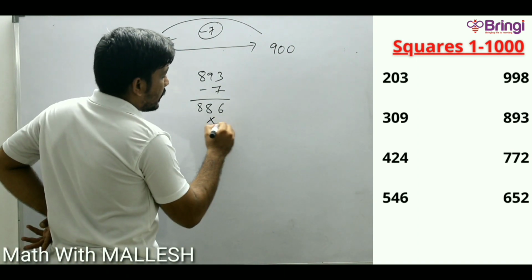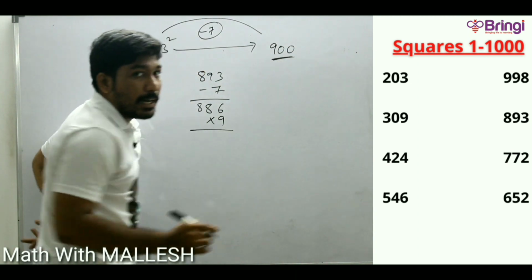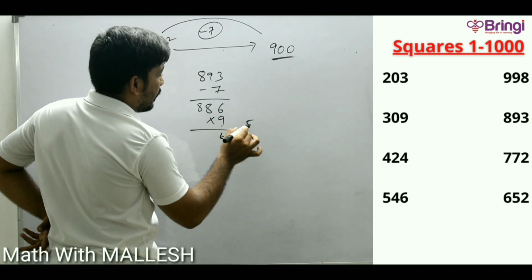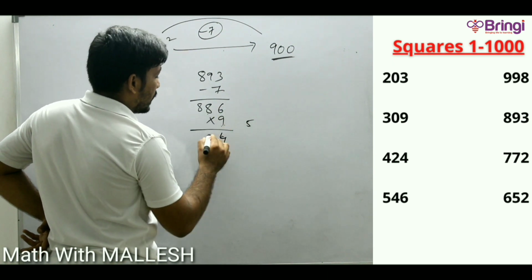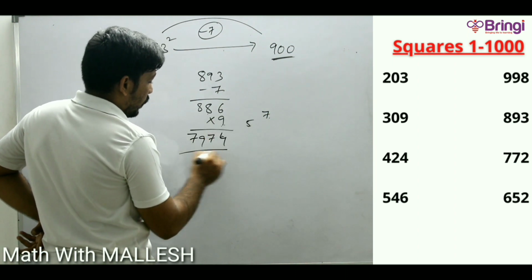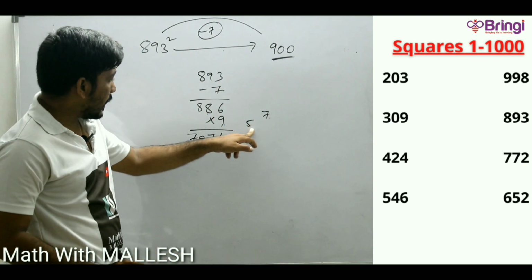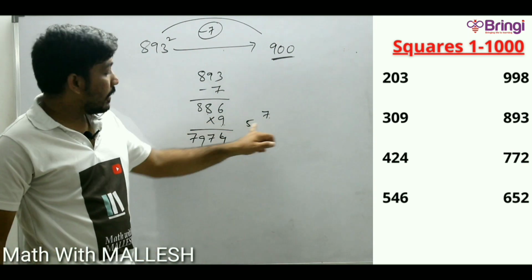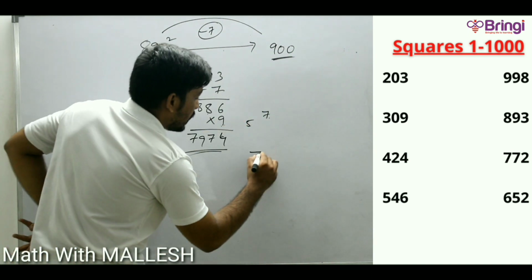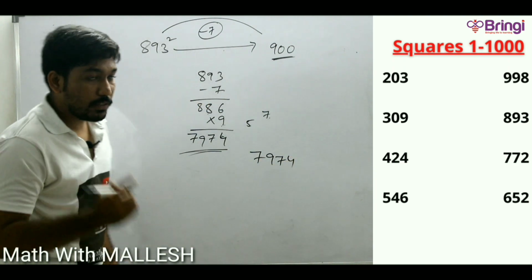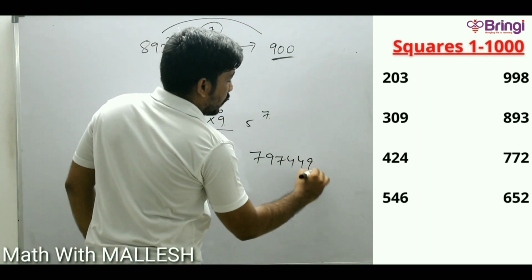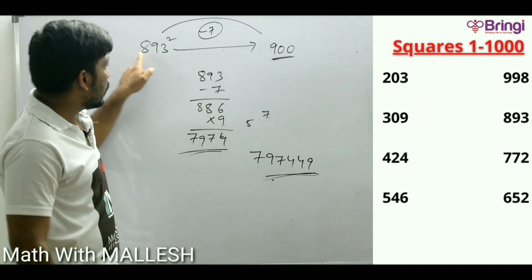Now multiply with 9 because base is 900. 9 6s are 54, 5 carry, 9 8s are 72, 72 plus 5, 77, 7 carry, 9 8s are 72 plus 7, 79. So 7974. And after this what we have to do? Take this 7 square and write here. What is 7 square value? It's going to be 49. This is the answer of 893 square.